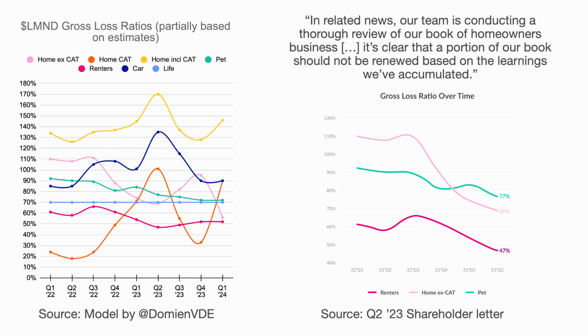So even with rate hikes being approved, they are saying here it's clear we should just non-renew some policies. And I think that it's quite a lot of policies, right? They gave us a number in the letter as well, but I think in the quarters after they published this, there has been a lot of non-renewals of home policies.